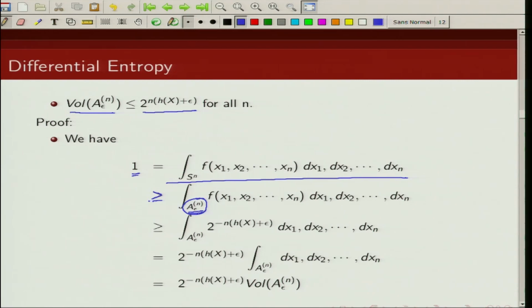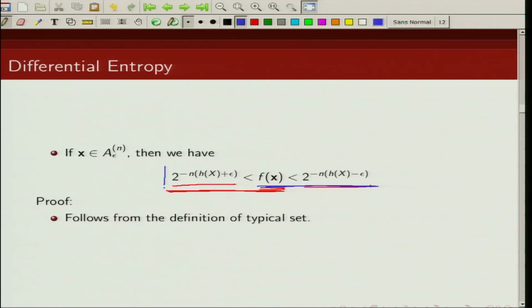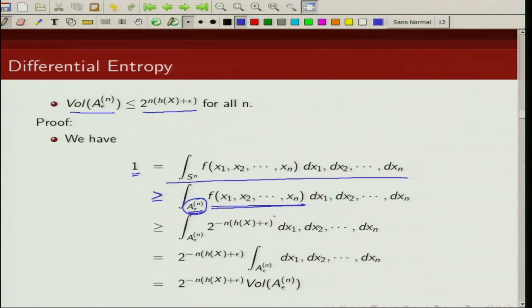Now we know that this density function is lower bounded by this. So if we plug in this lower bound on f(x1, x2, ..., xn) here, we get this, and that is why we write greater than or equal to.